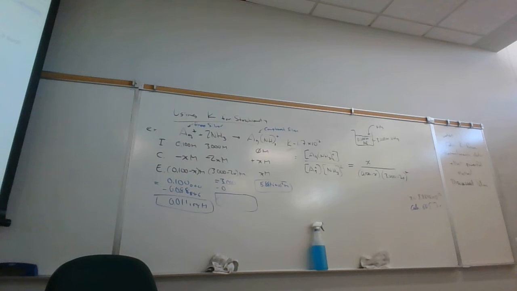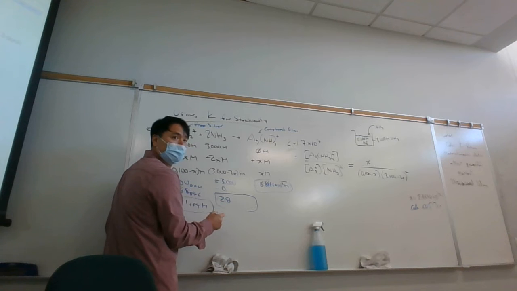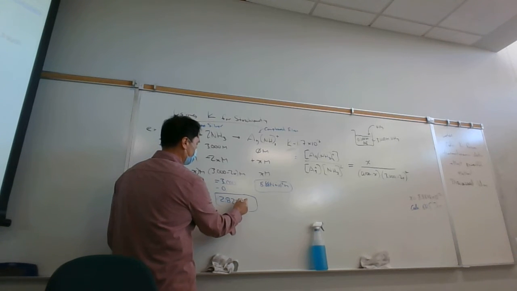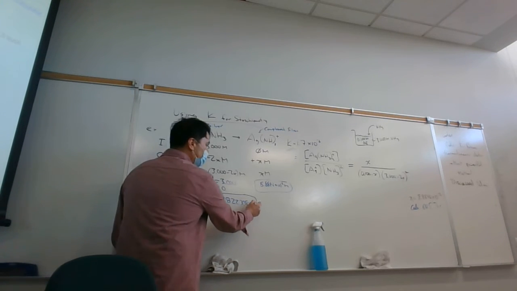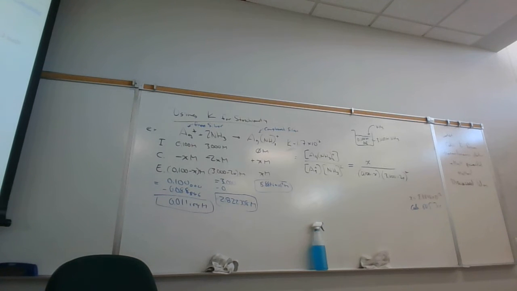I got 2.822308. Okay, thanks. I'm carrying extra digits because this is how we're going to check our answer. And we want to carry extra digits to check our answer because we don't want round off error. If we have round off error, then it's going to be confusing if we did the calculation correctly or not.